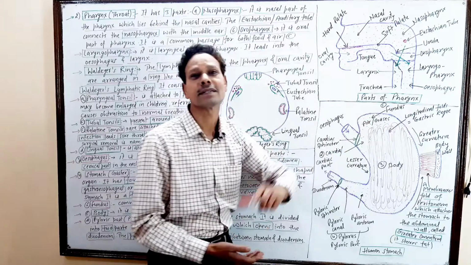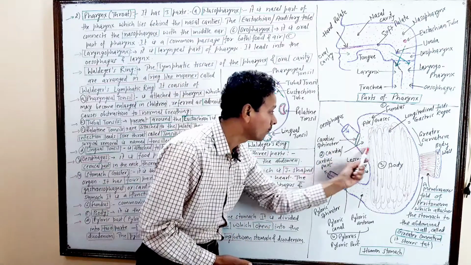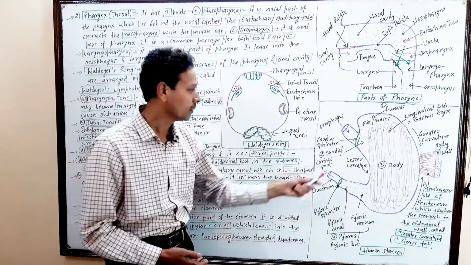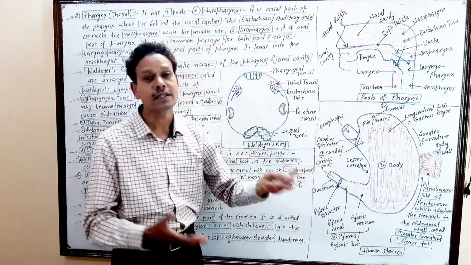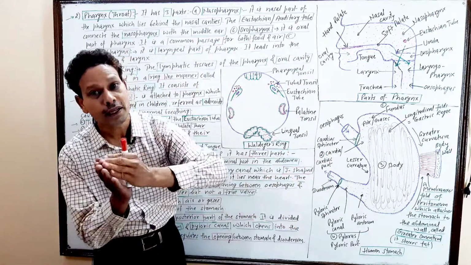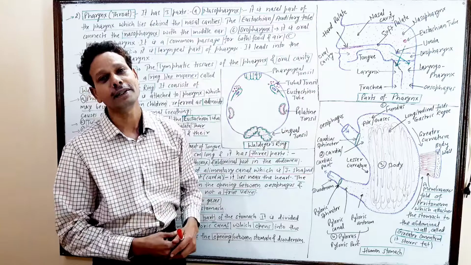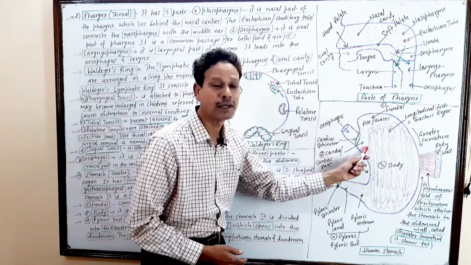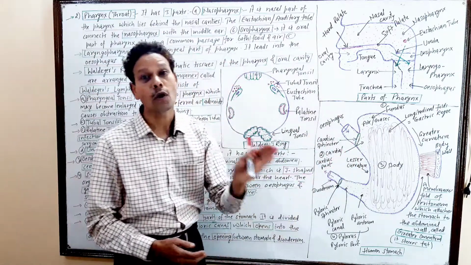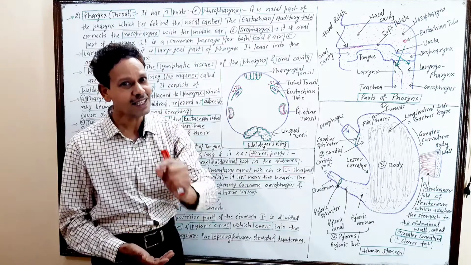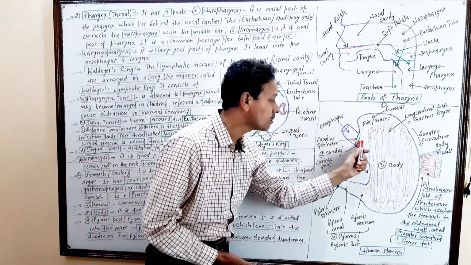The second part of the stomach is the cardia, the cardiac part, as it lies near the heart. In this cardiac part, the food pipe esophagus opens.